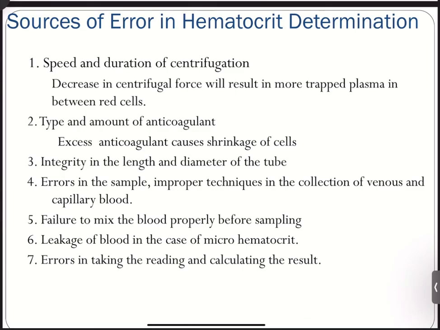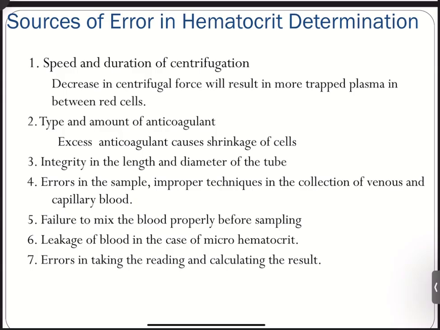Okay, too large cells can give a higher hematocrit. Now, too small cells can decrease the hematocrit. Integrity and length of diameter of the tube can also affect the hematocrit determination. Thus, the macro and micro methods have a difference in procedure.